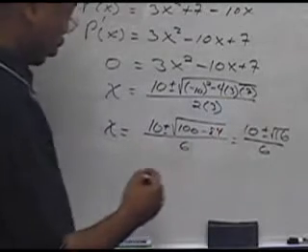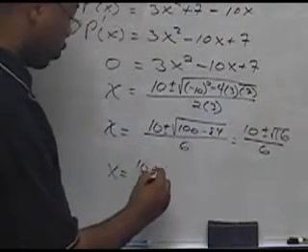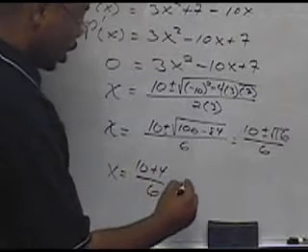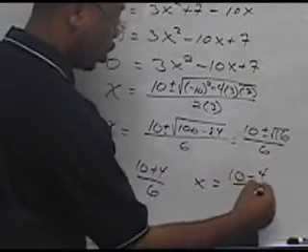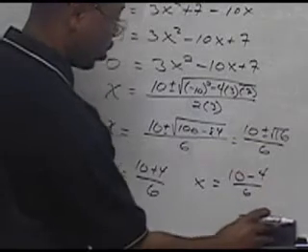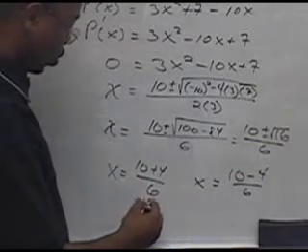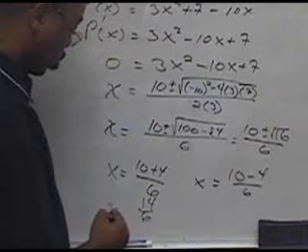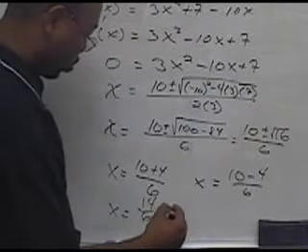And the square root of 16 is 4, so we'll have two answers. x equals 10 plus 4 divided by 6, and x equals 10 minus 4 divided by 6. Okay, 10 plus 4 is 14 over 6, which reduces to 7 over 3.